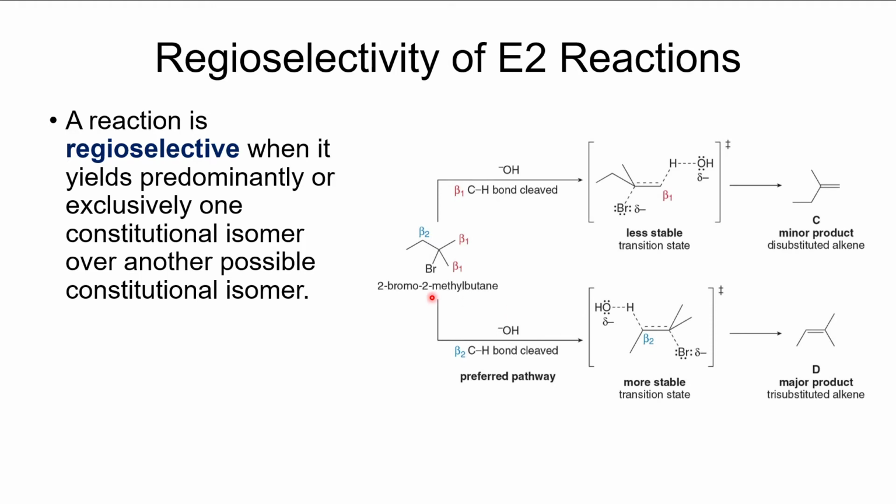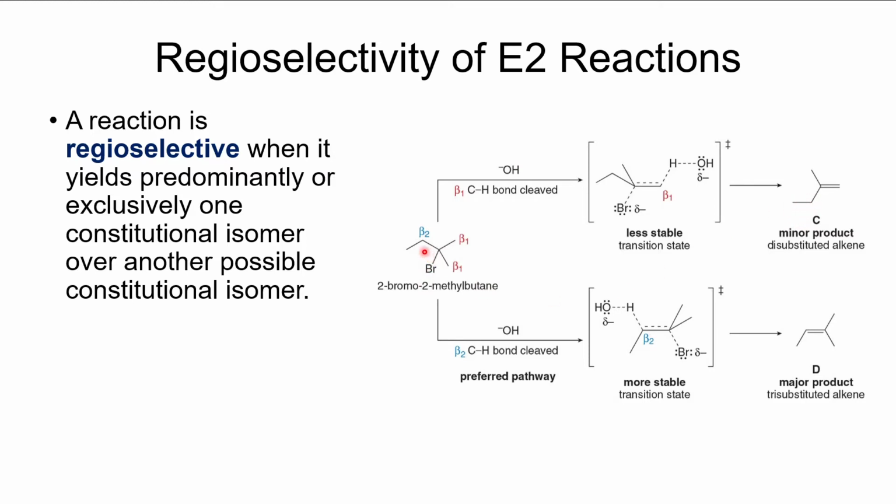Here is another example. It's 2-bromo-2-methylbutane. So here's the 2-bromo-2-methylbutane. We have the possibility of eliminating across the carbon-1, carbon-2 bond. And when we do that, we'll get a carbon-carbon double bond there, and that will be a di-substituted alkene as our product.